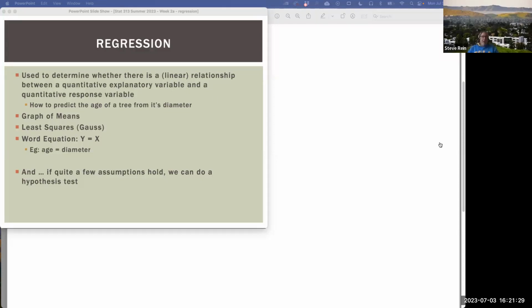Okay. So regression is really just used to see if there's a relationship, and in particular a linear relationship, between some quantitative explanatory variable and a quantitative response variable. In terms of the analyses that we've done so far this term, you've looked at the dioecious trees in a couple different ways.